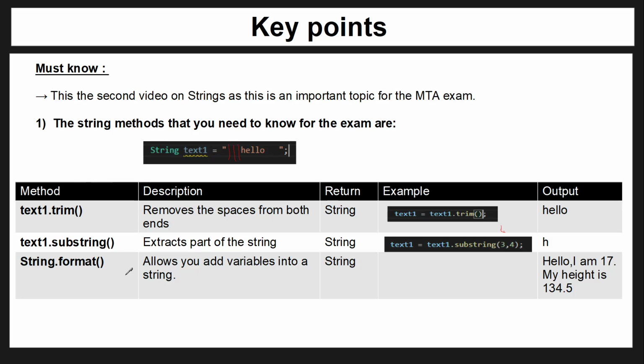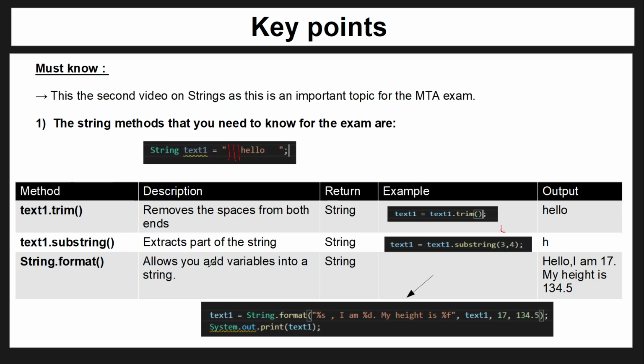The last one is a formatting one. Again, it's important here to realize that we're not using the object. We're using the string class, so we're saying string.format, and then you have these percentage signs as placeholders.